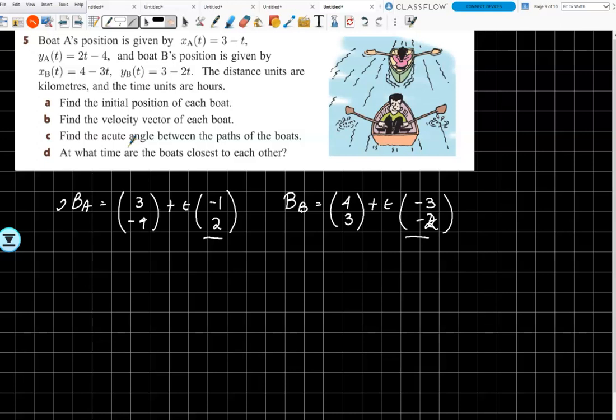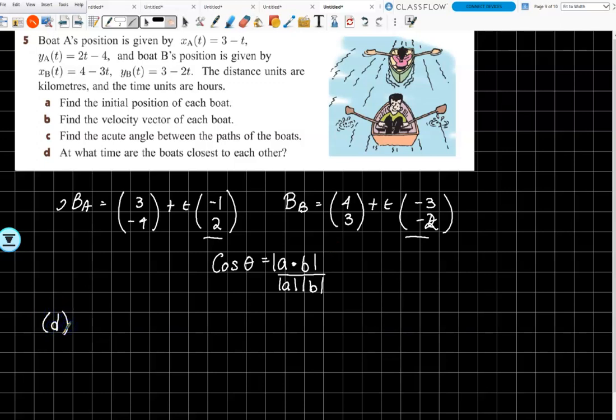You put the absolute value around your dot product here, but if you didn't, not a major issue. If you got 100, take it away from 180 and therefore the acute angle would be 80. But if you've got your modulus around there, bang, it does it for you.